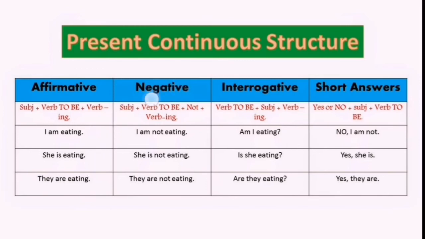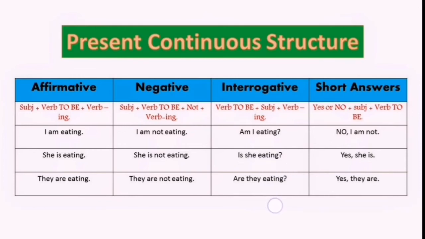In the negative, we say I am not eating. The subject, the verb to be, the not, and the verb in ing. She's not eating. They are not eating. Interrogative, the verb to be at the beginning because remember it's a question. Then the subject, the verb, ing. Am I eating? Is she eating?